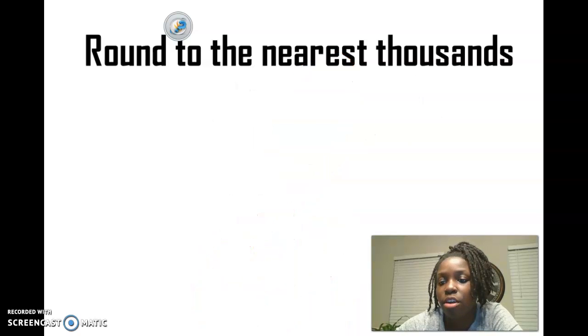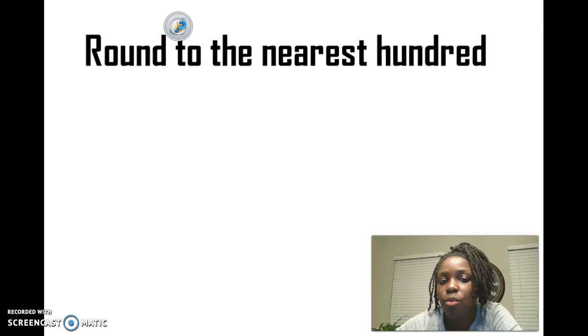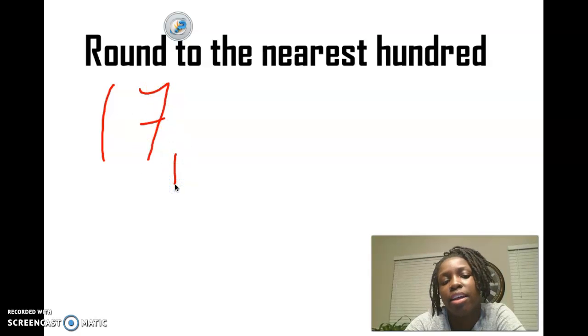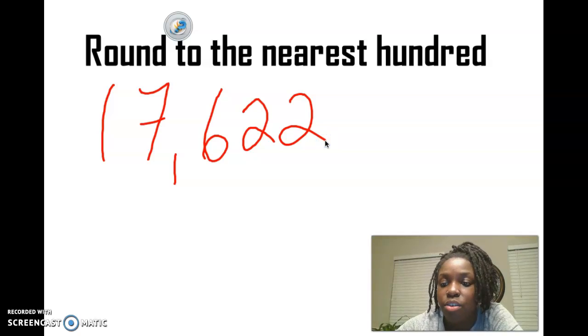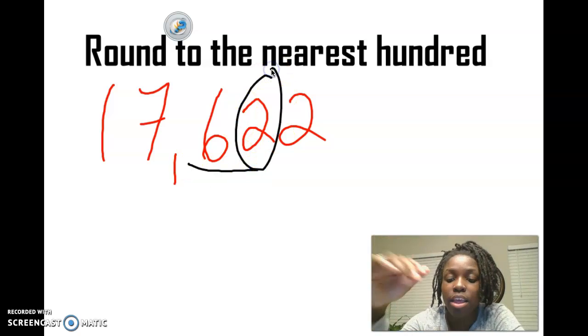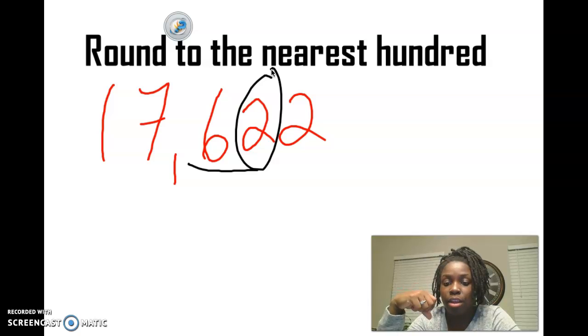Okay, so now let's solve this problem. Round to the nearest 100. So let's get a little harder number. 17,622. We're rounding to the nearest 100. So we're underlining our hundreds place. What number's in our hundreds place? Good, the 6. We look behind it, it is a 2. Now is it 5 or above or 4 below?